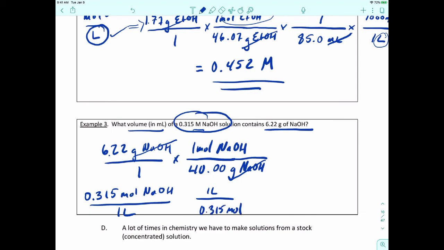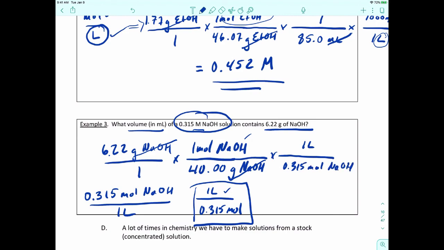And actually this is the way that we're going to have to write this, because that way we have liters on top and the moles is going to cancel out with moles in the last fraction. So let's do it that way. I'm going to say 1 liter over 0.315 moles of NaOH. So that way moles cancel out and we're left with liters. That's the unit that we need.